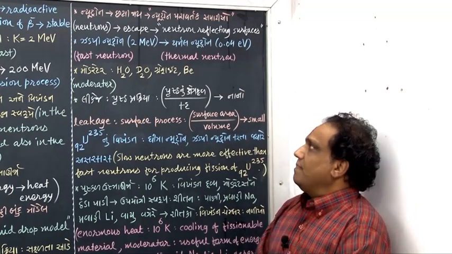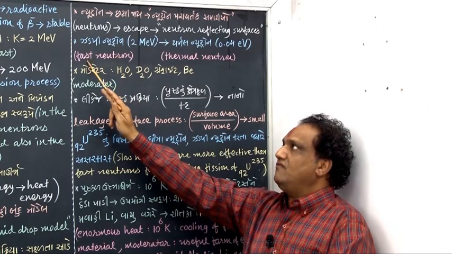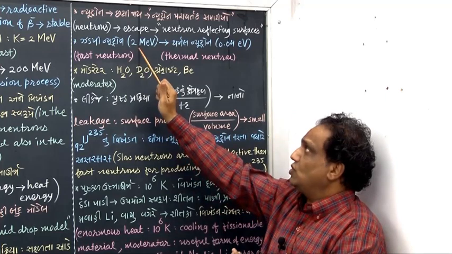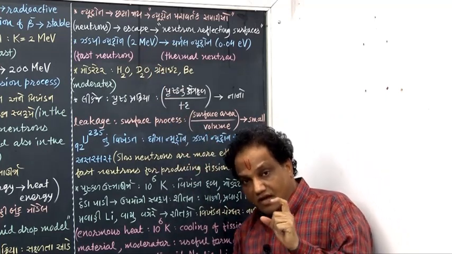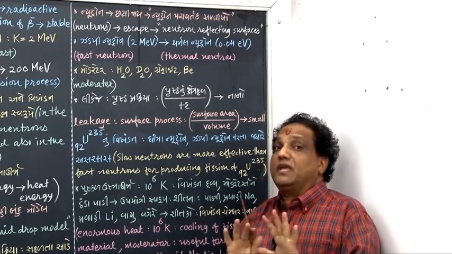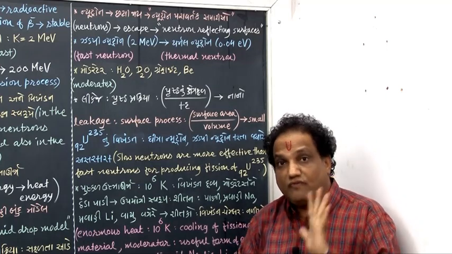Then the fission neutrons obtained are found to be very fast. They have energy nearly, as I told, 2 million electron volt. Now these highly energetic neutrons cannot produce the fission of uranium nuclei so well.